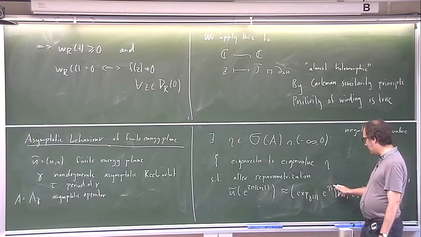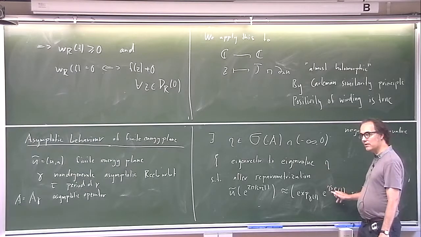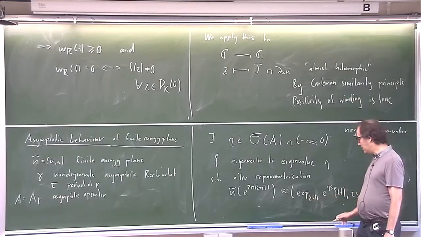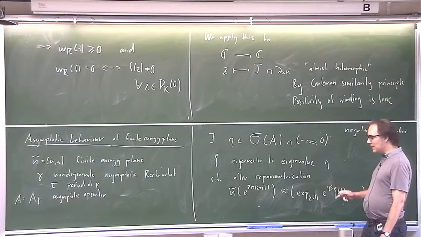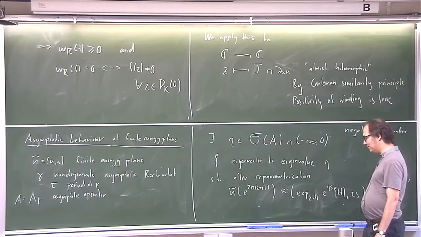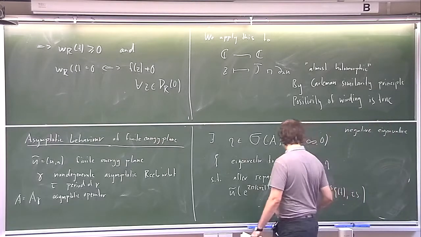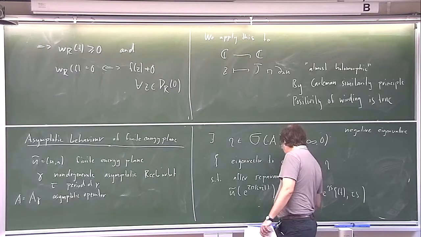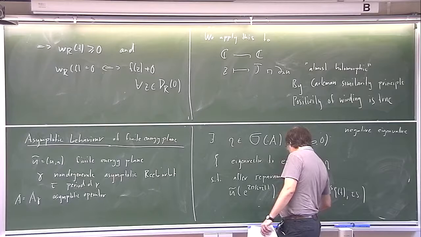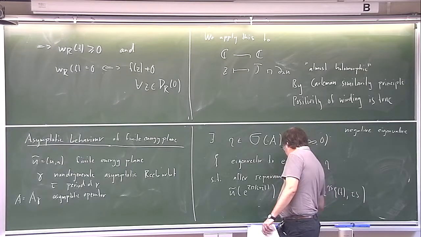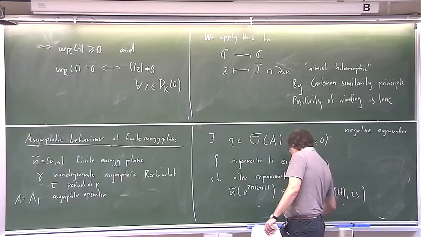So if s goes to plus infinity, this goes extremely fast to minus infinity, and the error decays even faster, also exponentially, with all derivatives. So this is up to error of faster exponential decay.